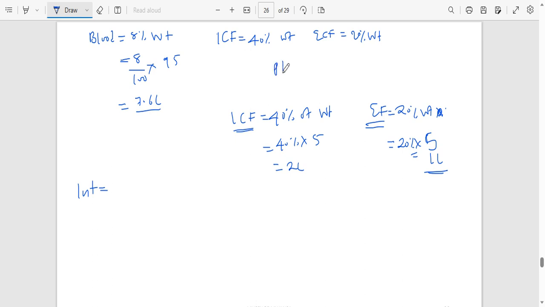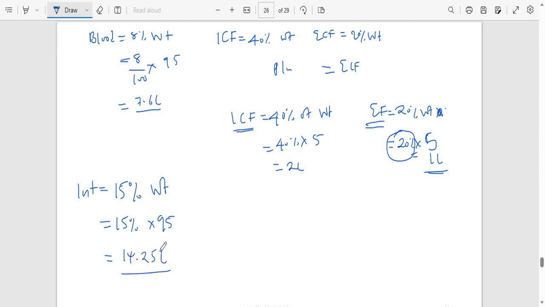If I add plasma and interstitial, I should get ECF, and we know ECF is 20% of the weight. So interstitial is 15% of the weight. And the weight of the mother is 95 kg because she's pregnant, including also the baby. And that will give us about 14.25 liters.